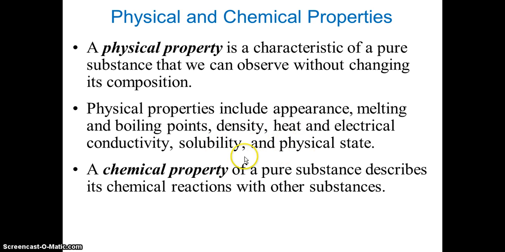You can observe all these properties without changing its composition. While a chemical property of a pure substance describes its chemical reactions with other substances. So it describes its reactivity, how it reacts with other substances. That's a chemical property.